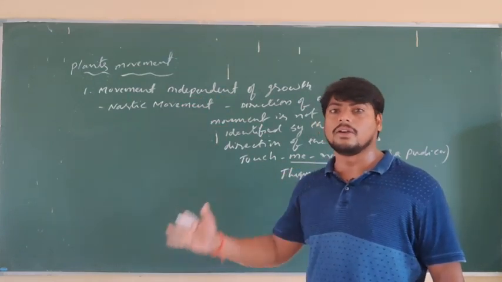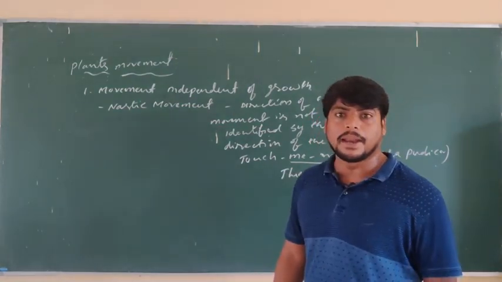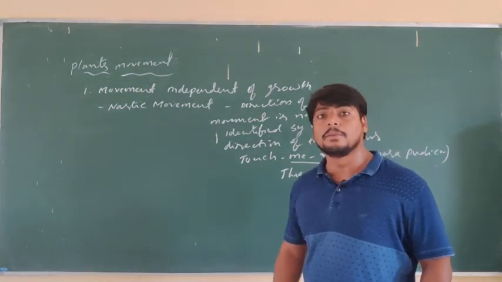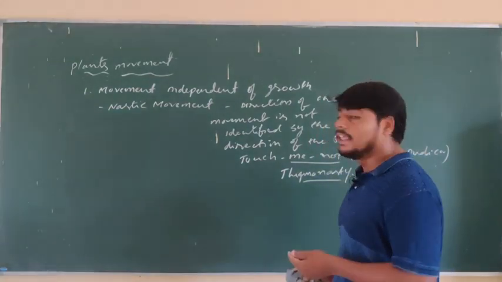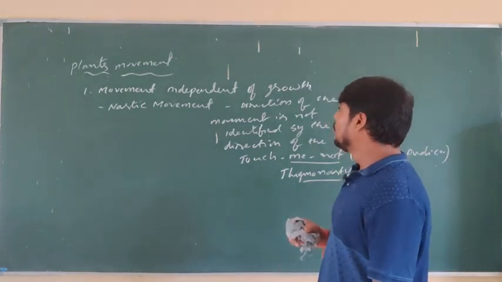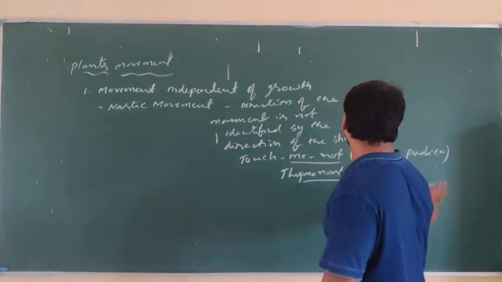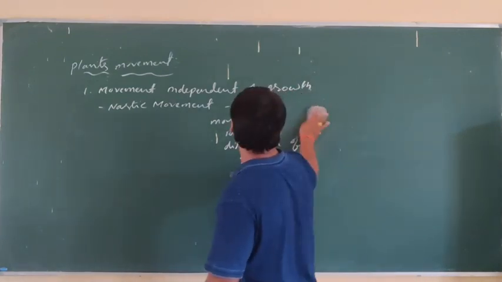An example is the touch me not plant, also called Mimosa pudica. This kind of movement is called Nastic, a movement independent of growth. Now we will discuss movement due to growth.